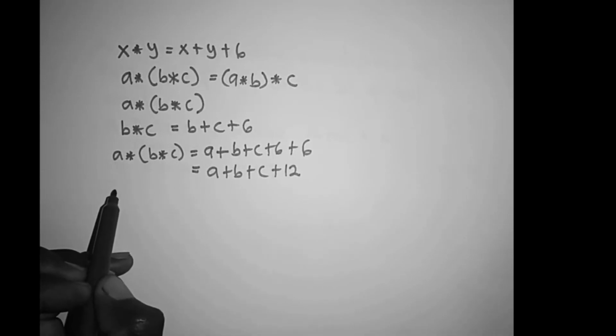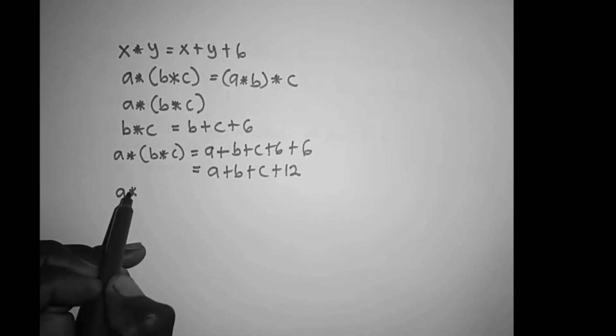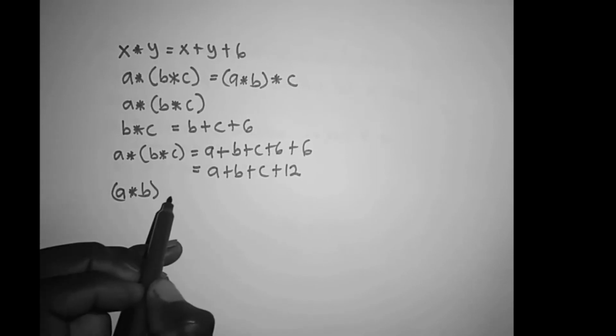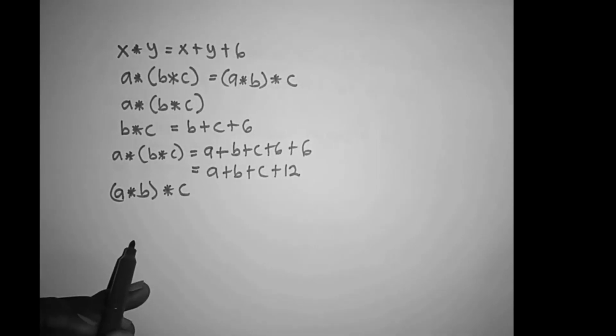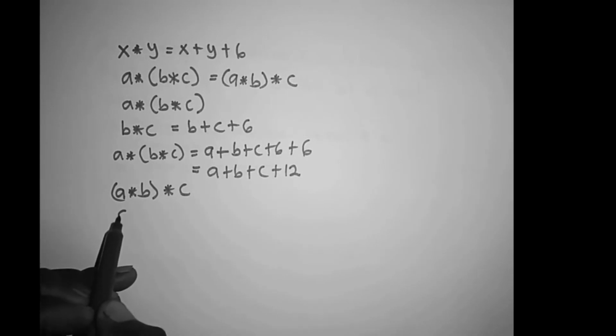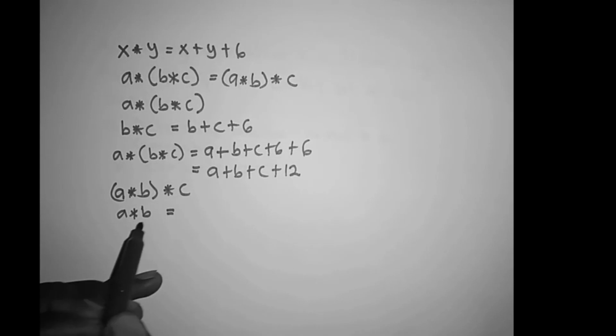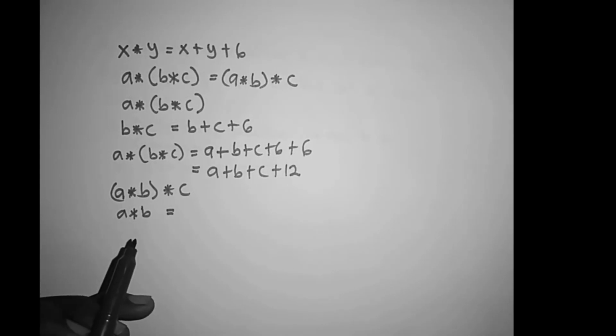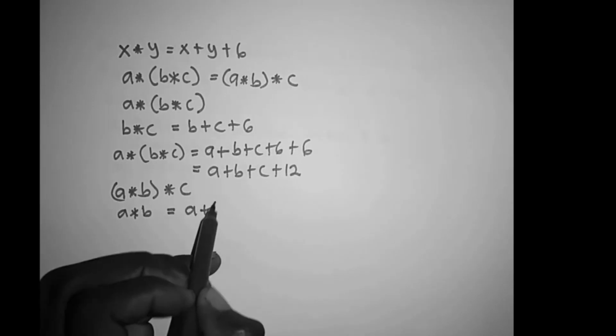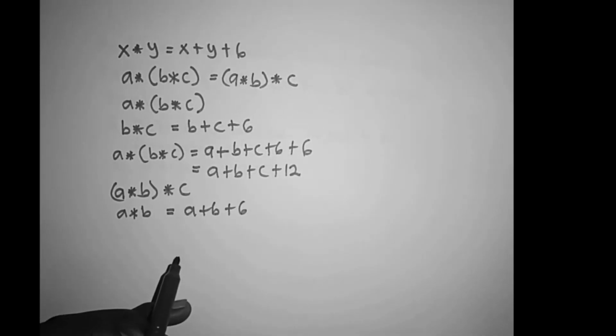Now let's do this. A operation B in one bracket operation C. So we need to first determine A operation B. And this is equal to, wherever we see x, we put A, and wherever we see y, we put B. A plus B plus 6.